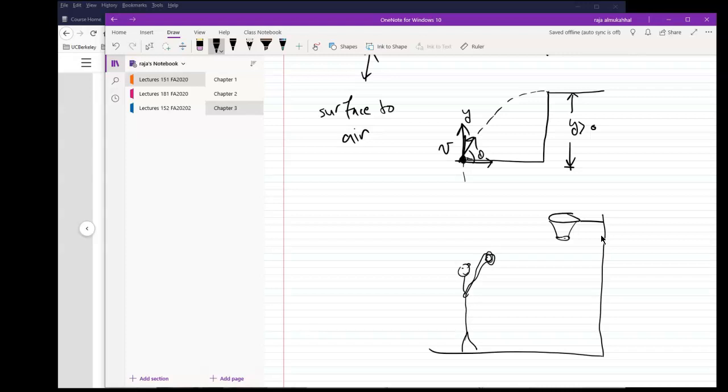That's the ball, right? And he's going to throw the ball to the basket like that. You see what I'm saying? So he's starting with some height. We'll call it y1, the height of the ball. And then the ball is going to go to the basket. Let's say the problem wants to know up to here. So we're going to call it y2. So here we have two heights.